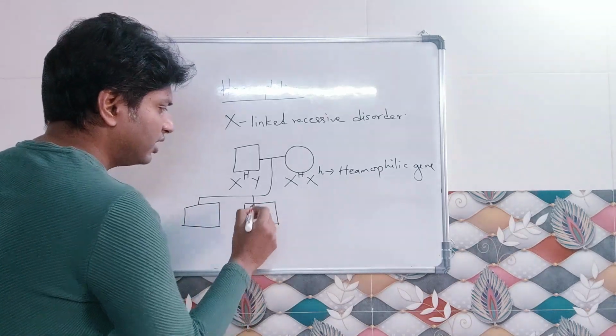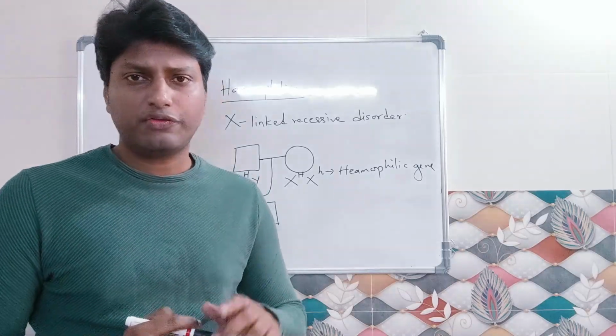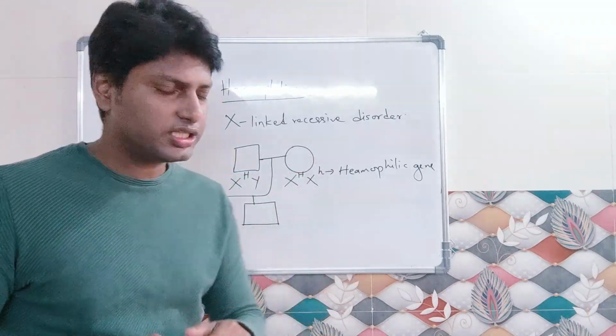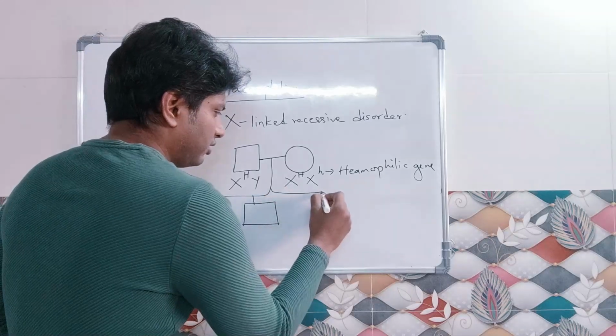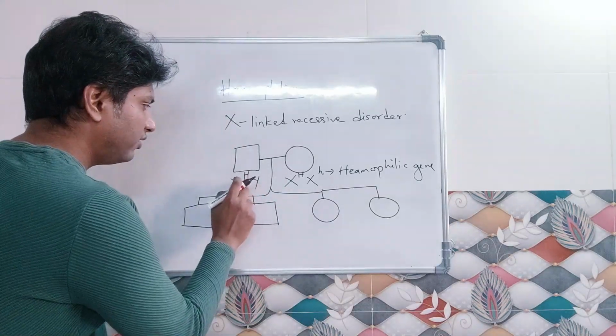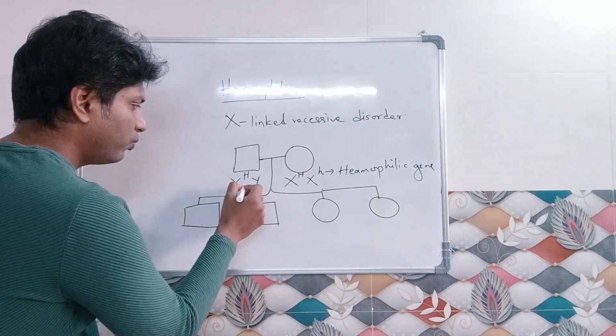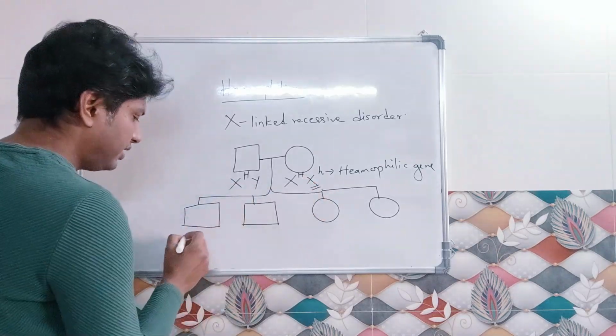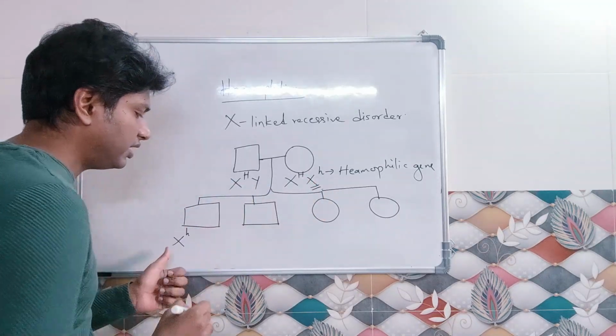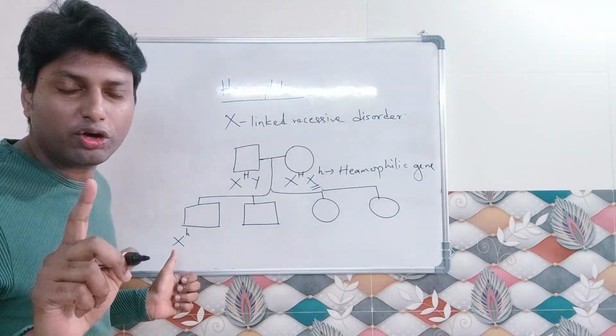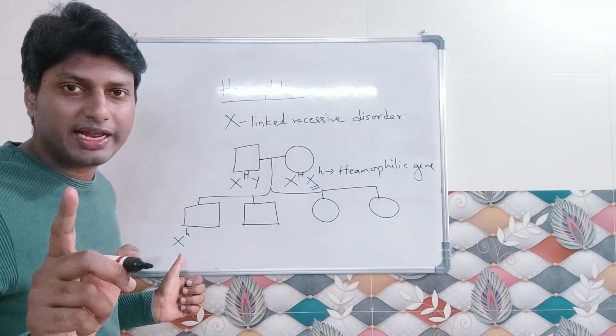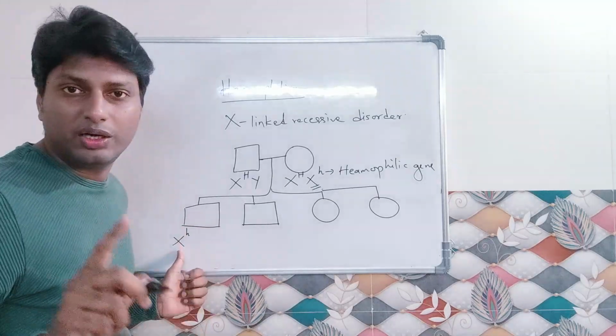Now dear students, in this case there are possibilities of two sons as well as two daughters. Suppose the first child is having one hemophilic gene from the mother. As we all know, the sons always get one X chromosome from the mother.